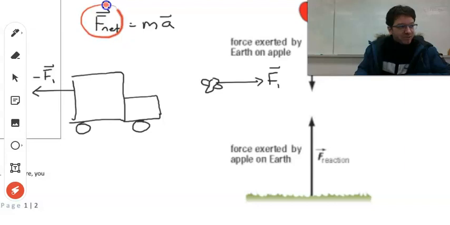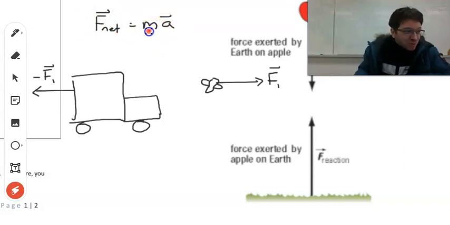Now, that equals the mass of the bug, which is going to be really, really tiny. And therefore, the acceleration is going to be pretty big. So, very tiny mass and a large acceleration.